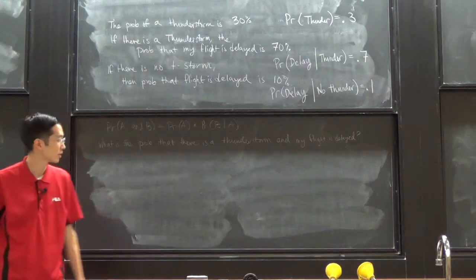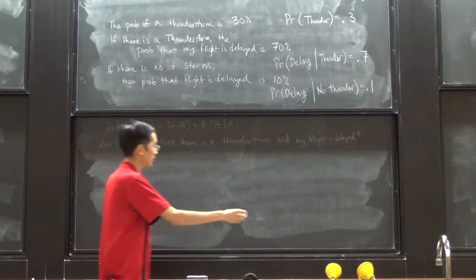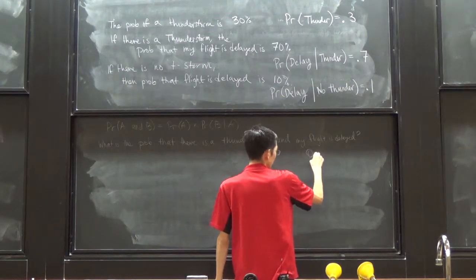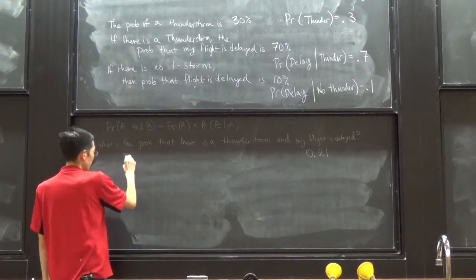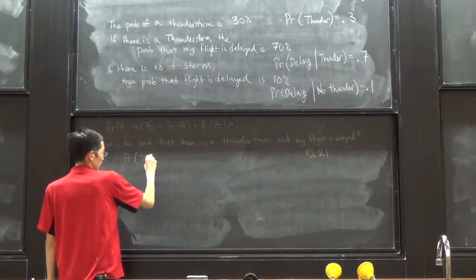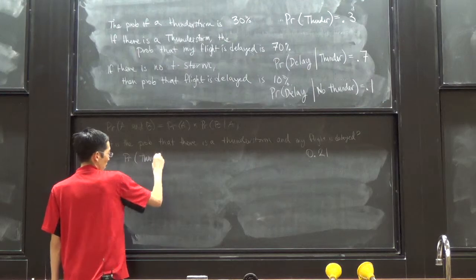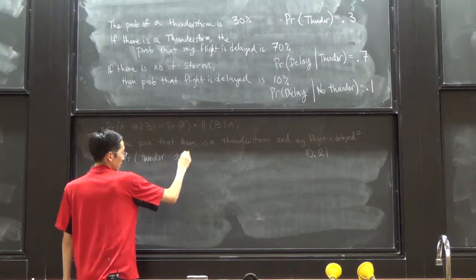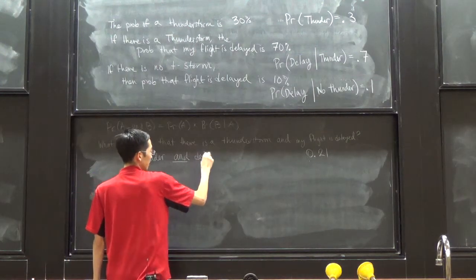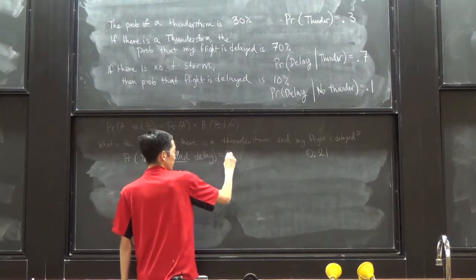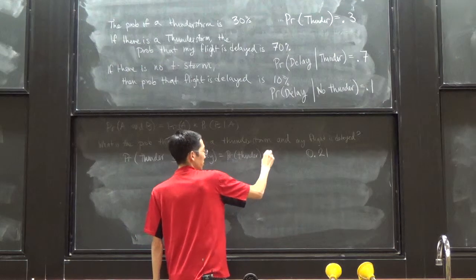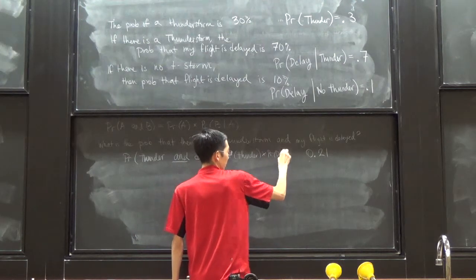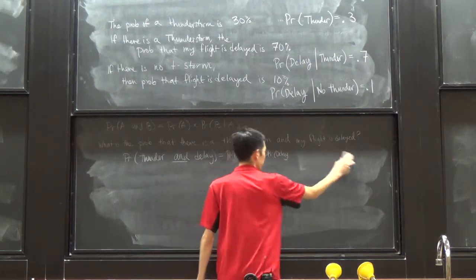0.21. So the answer is 0.21. Okay, so this would be the probability of thunder and a delay. So this would be the probability of thunder times the probability of delay given thunder.